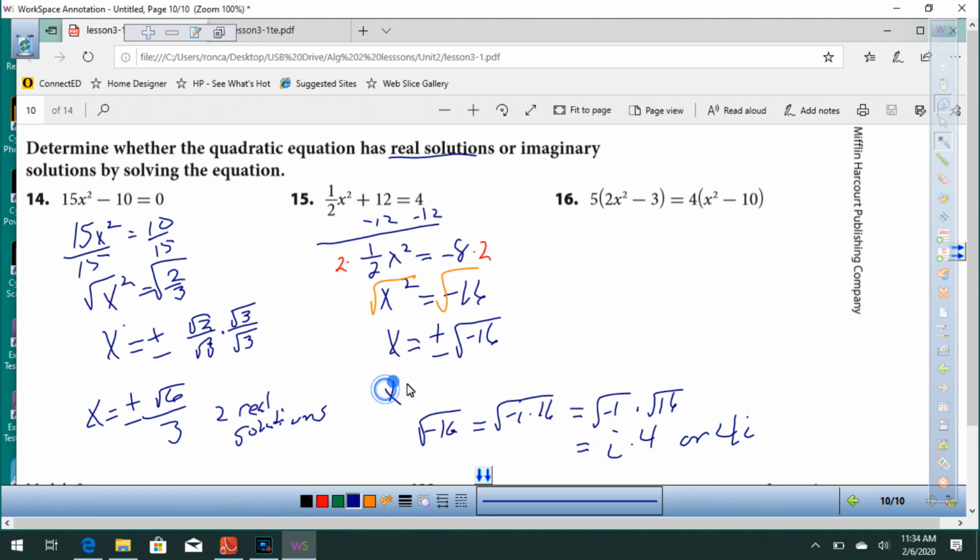So x equals plus or minus 4i. And we would say this has two imaginary solutions.